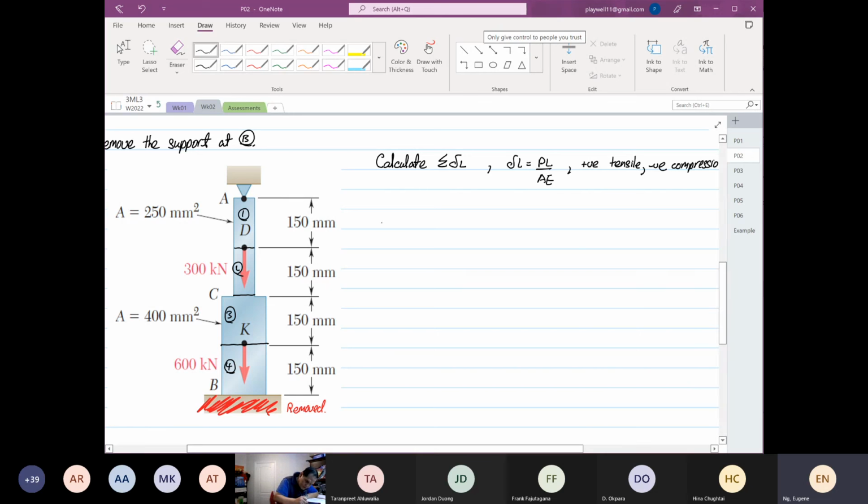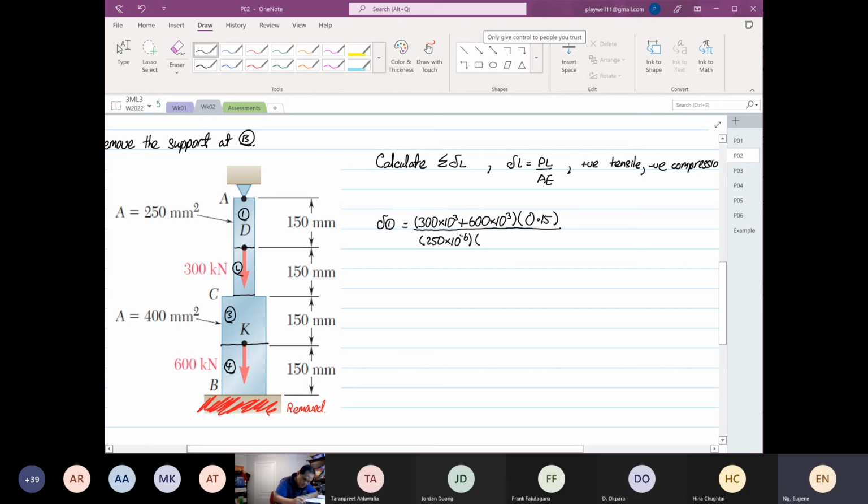So deflection of 1. Section 1 sees the 300 and the 600. I'm using the hangman theory again. 300 plus 600 times 10 to the power 3. Length is 0.15. Cross-sectional area is 250 times 10 to the power minus 6.